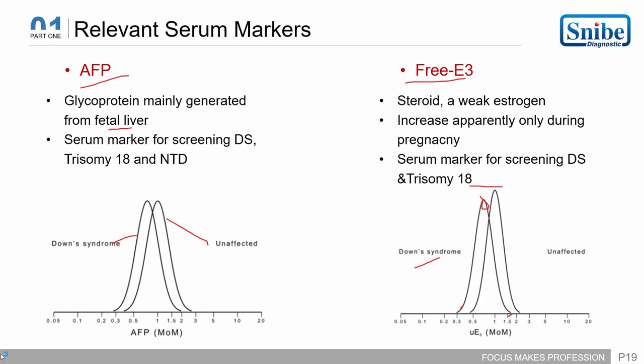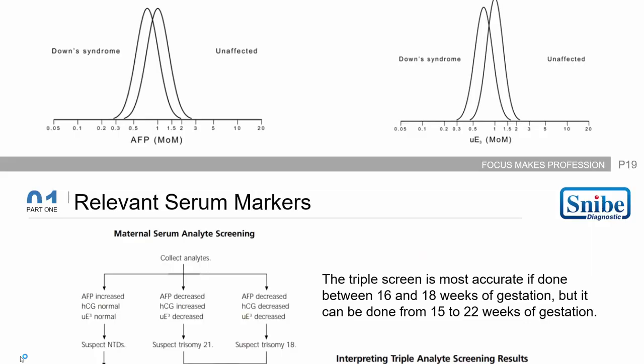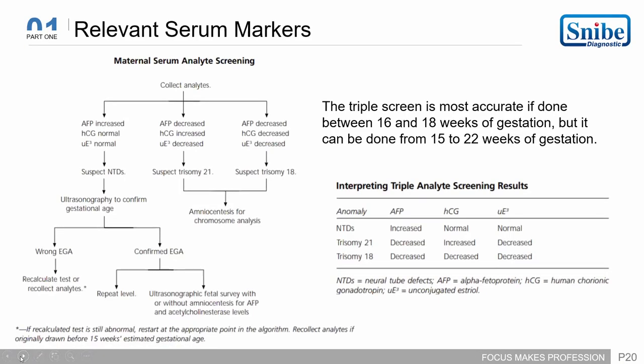If we go on with relevant serum markers, maternal serum analyte screening is done through triple testing, which is more accurate if done between 16 and 18 weeks of gestation, but it can also be done between 15 and 22 weeks.